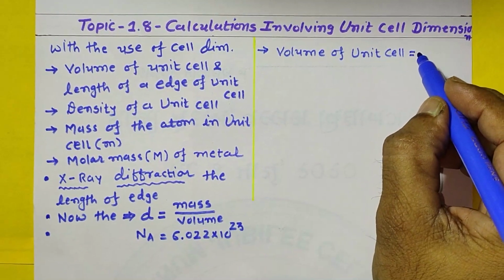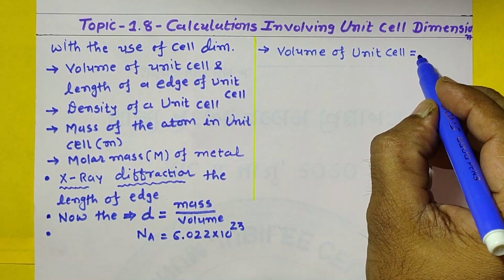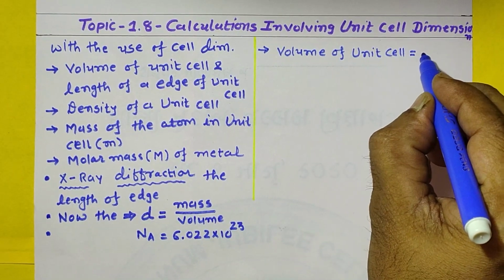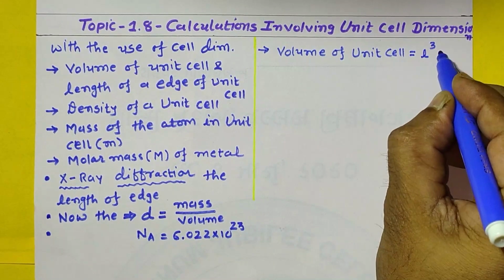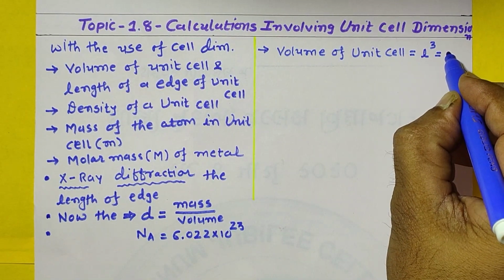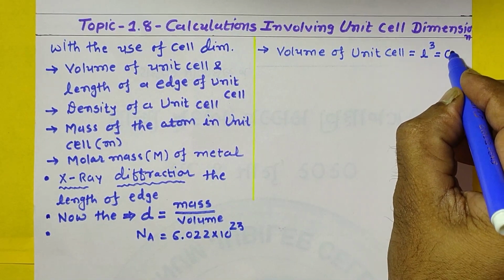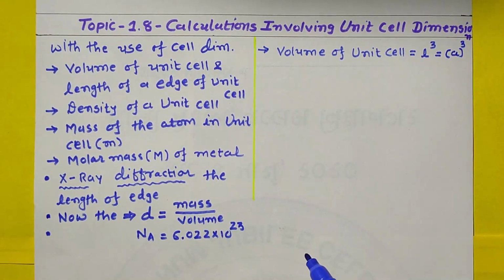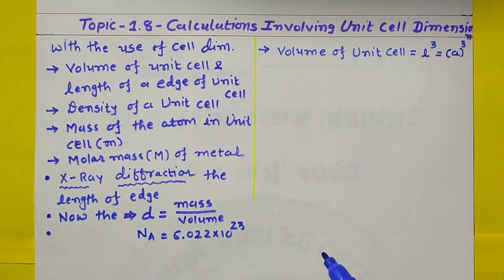Length, width and height are all equal, that's why it is called L cube, and every edge length of the cube is identified as a in our previous sessions. That's why we can say that the volume of cube is a cube.